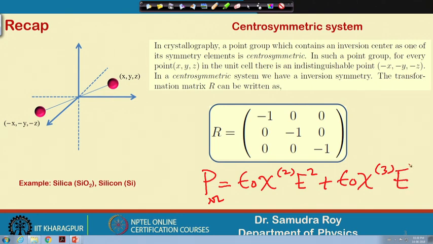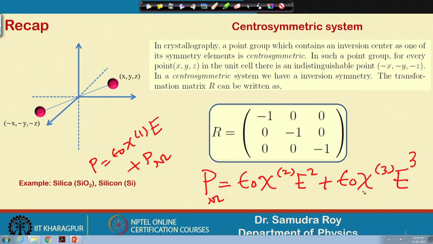This is the nonlinear part of the polarization that we always use. If we write the total polarization, it will be as usual P equals epsilon 0 chi 1 E plus P nl, and this P nl is represented in terms of this, as we have done several times.